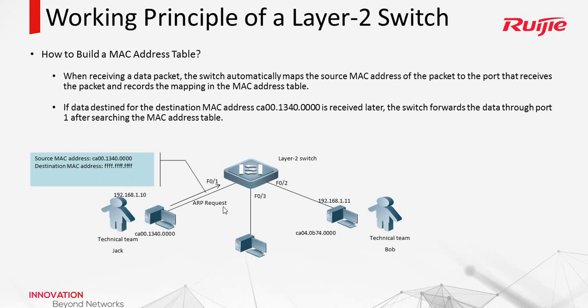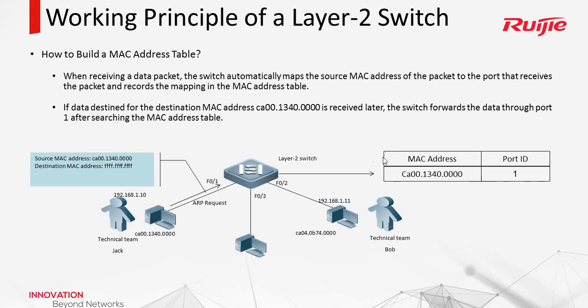We remember ARP request is a broadcast packet. When the packet arrives at the switch, the switch will record it and create a MAC address mapping with the interface. We call this table the MAC address table.